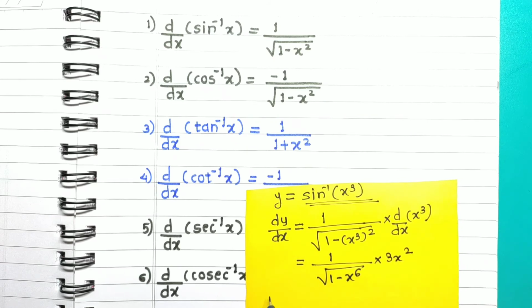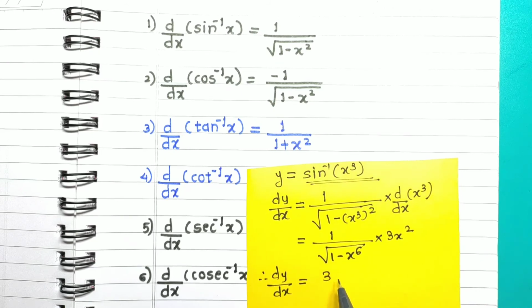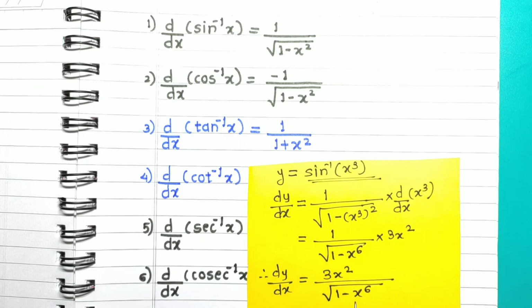And so dy by dx is equal to 3x square upon square root of 1 minus x raised to 6. You study this example, see how the chain rule is used here.